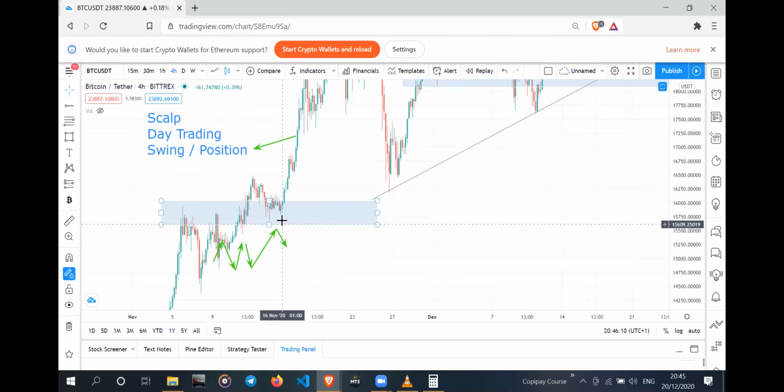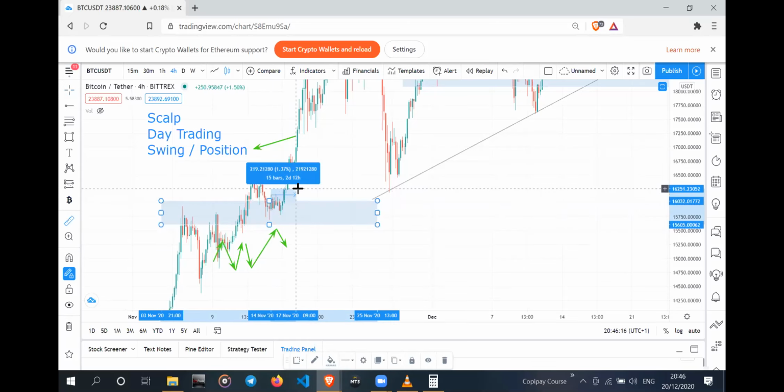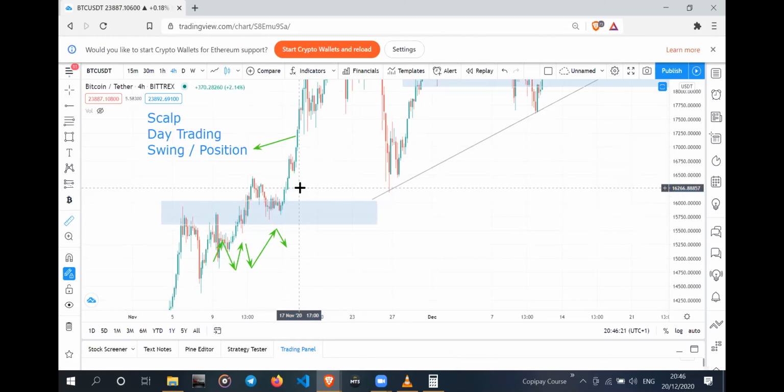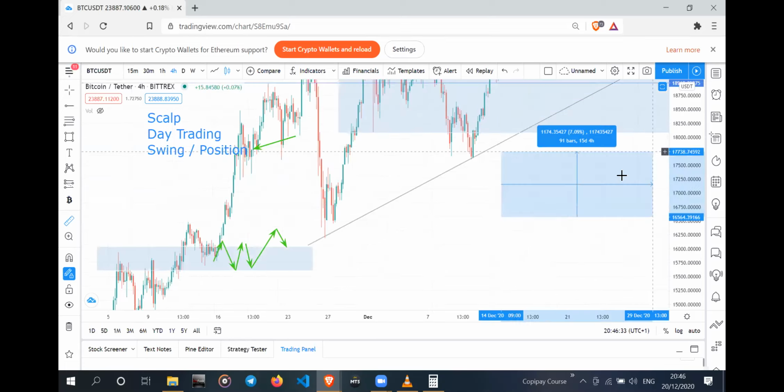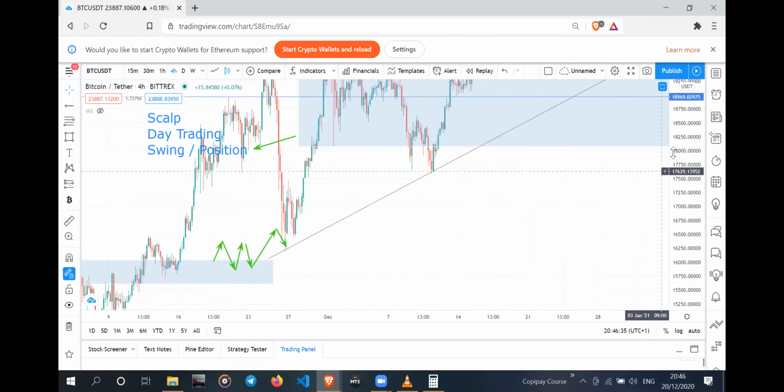So we see here the retest happened on the 14th of November. So you took the trade on the 14th and you closed out after a week or a day or two. You'd have entered at 15.7K, closed at about 16.7, 17,000. That would have been a day trade for a few days. But holding till now would have proven to be a swing trade.